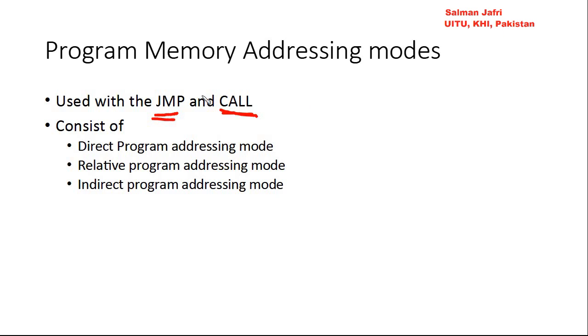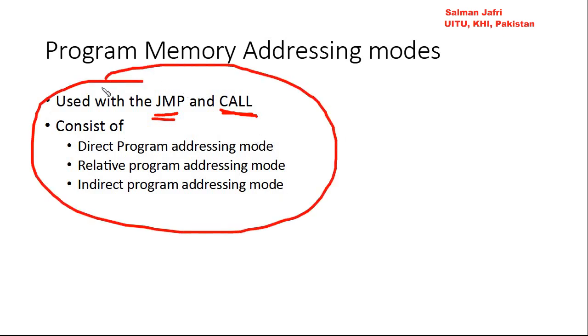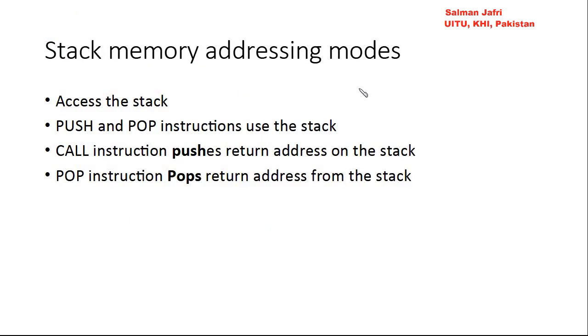The evidence would be that you are using an opcode of jump or an opcode of call. Program memory addressing modes are again of three types: direct, relative, and indirect program memory addressing mode. These addressing modes deal not with the data but with the program execution, hence they are termed program memory addressing modes.